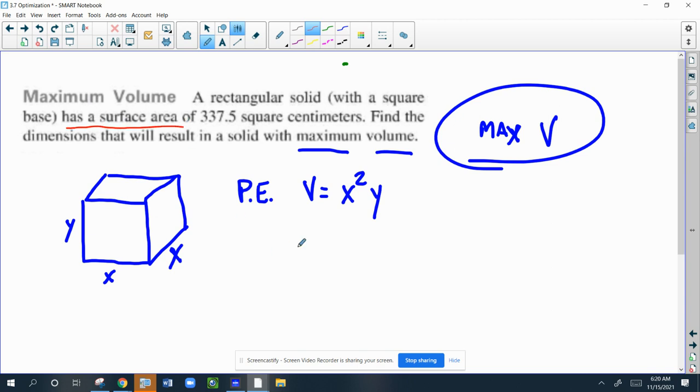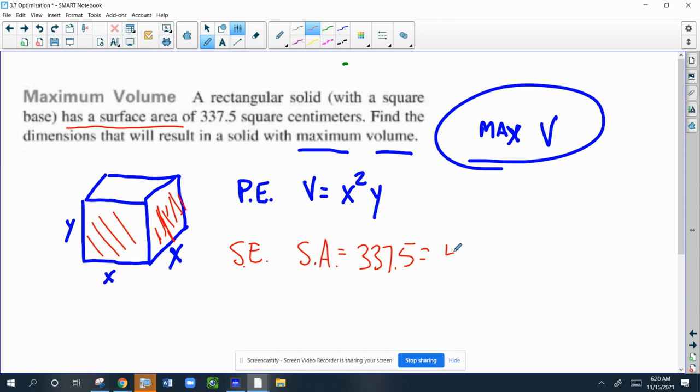The surface area of this box is 337.5. And surface area of a box would be just the sum of all the areas of all the sides. So these two sides and the two opposite would be an area of x times y.